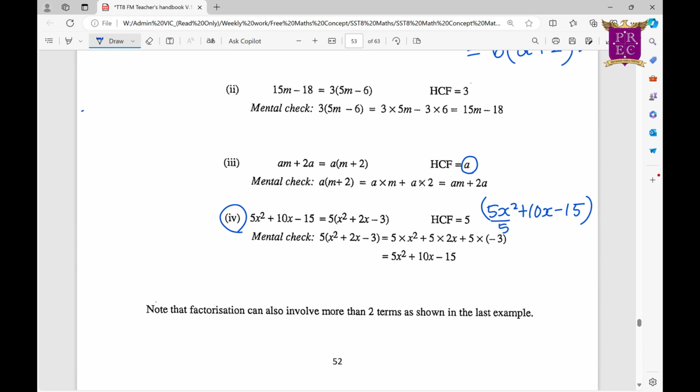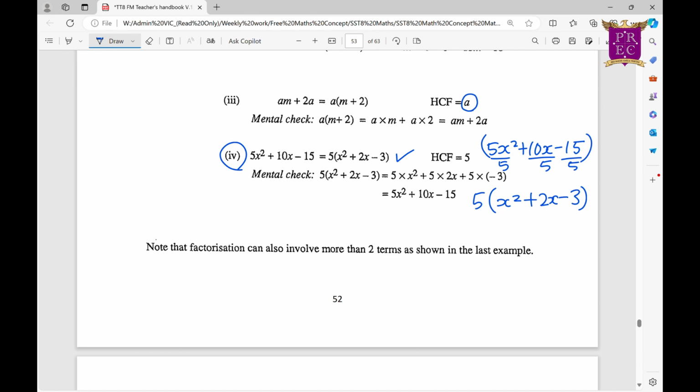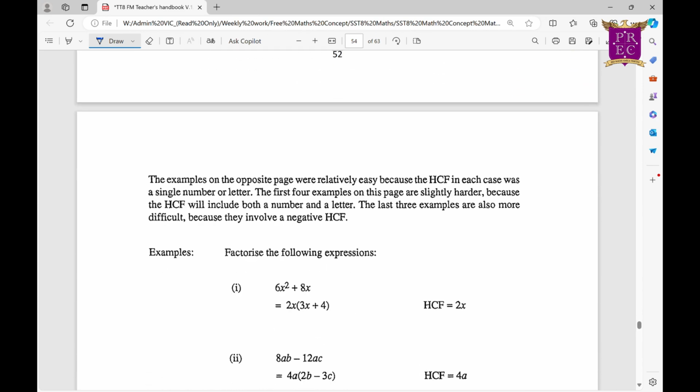And you just divide every term by 5 to get the 5 out of the bracket. 5x squared divided by 5 just gives you x squared, plus 10x divided by 5 is 2x, and negative 15 divided by 5 is just minus 3. And so that is what you're left with. So it is not too complicated. You just need to make sure you're identifying the highest common factor correctly.